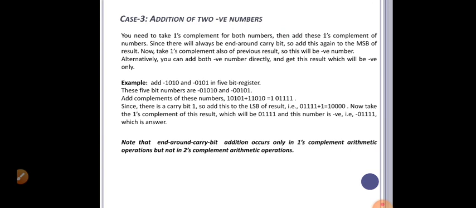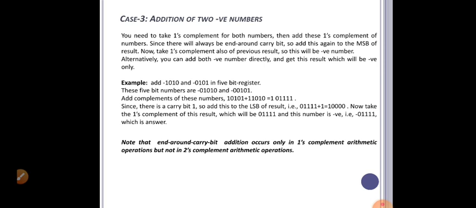Example is what? Add minus 1010 and minus 0101 in a 5-bit register. These 5-bit numbers now will be like that, minus 01010 and minus 00101, means 0 is added in both numbers to make it a 5-bit register.